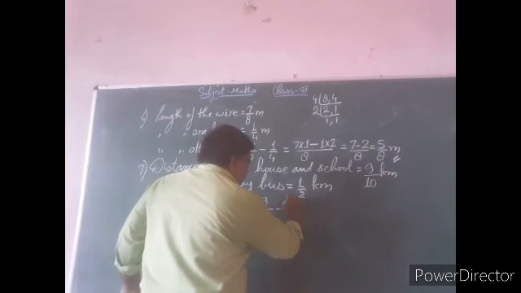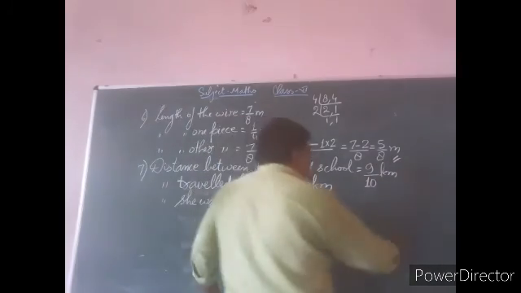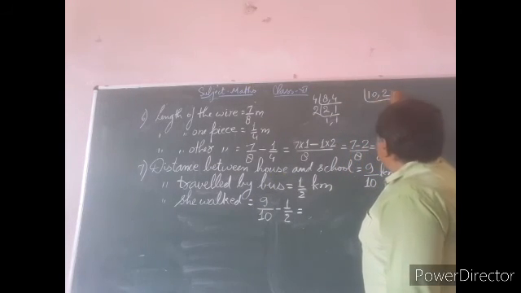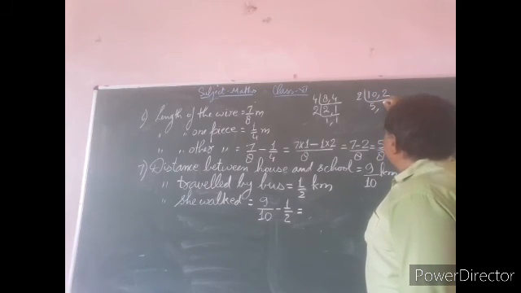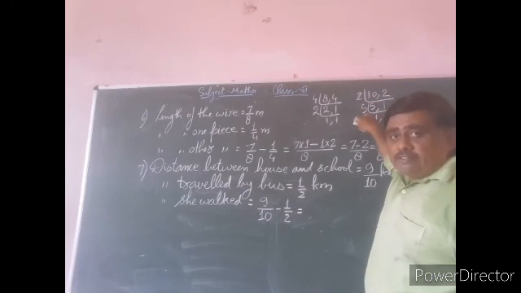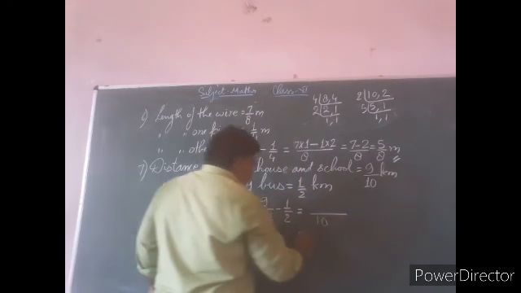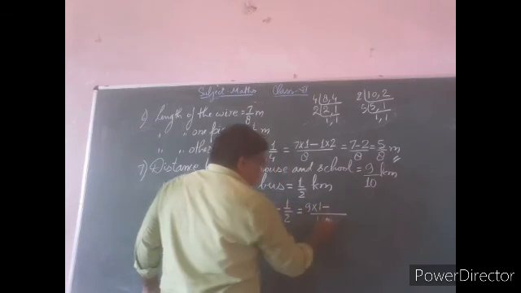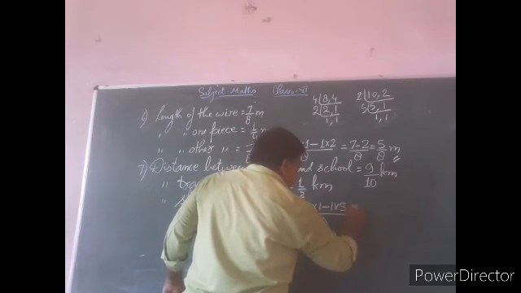9/10 minus 1/2. Take the LCM. LCM is 10. 2 5s are 10 and 2 1s are 2. Now 10 divided by 10, 1. 9 into 1. 10 divided by 2, it is 5. So 1 multiplied by 5.